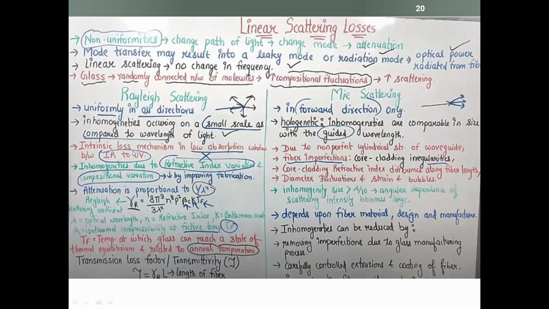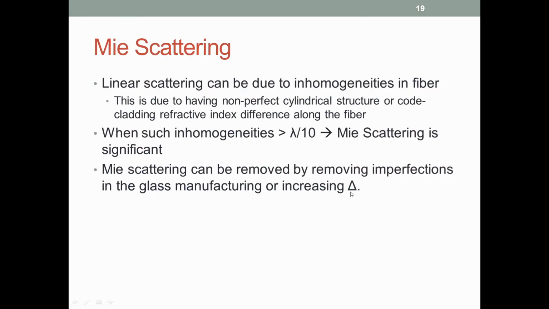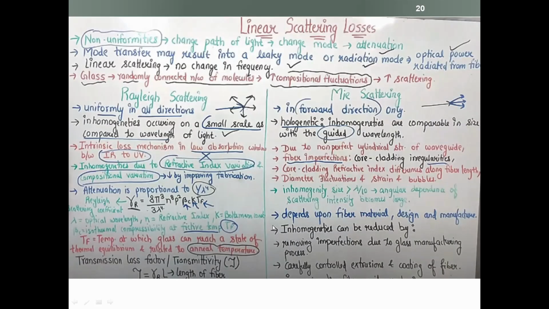And the intrinsic loss mechanism is the low absorption window between IR and UV. Inhomogeneity is due to refractive index variation, which I already told you, and the core-cladding refractive index difference along the fiber length can be increased, and hence if the refractive index difference is increased, then Mie scattering can be reduced.